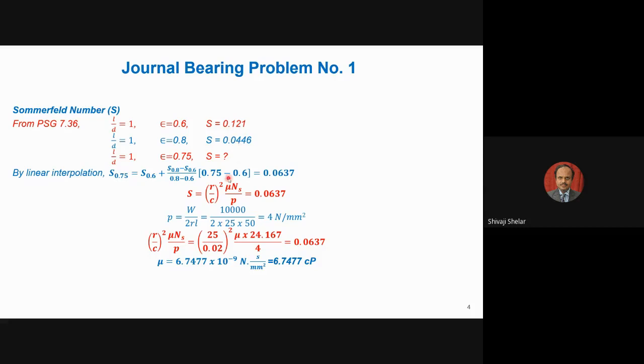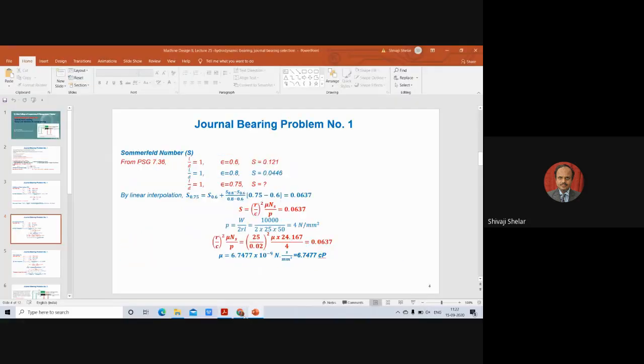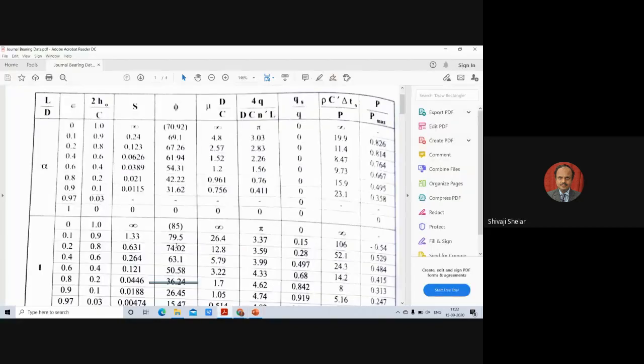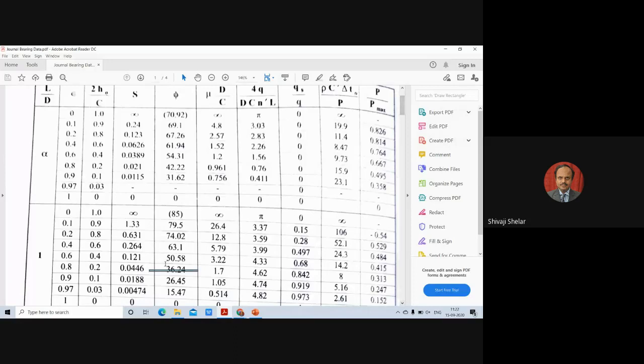You can cross-check whether this is correct or not from the table which I have already presented to you. The table is here; the fourth column is the Sommerfeld number. Our L by D ratio is 1. At 0.6, S is equal to 0.121, and at 0.8 it is decreasing and becoming 0.0446.